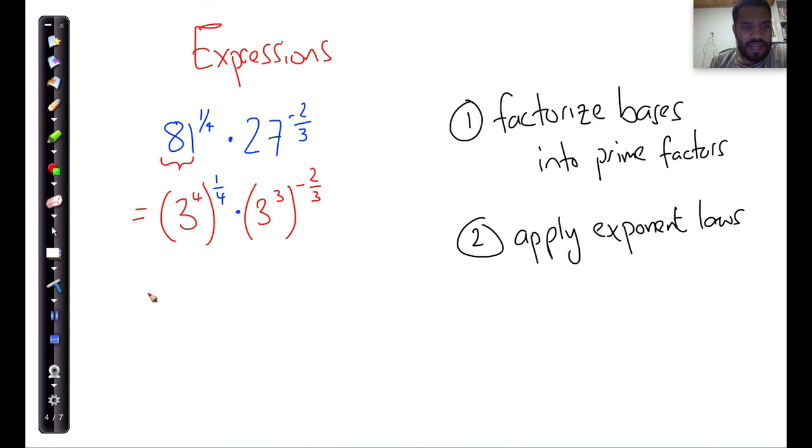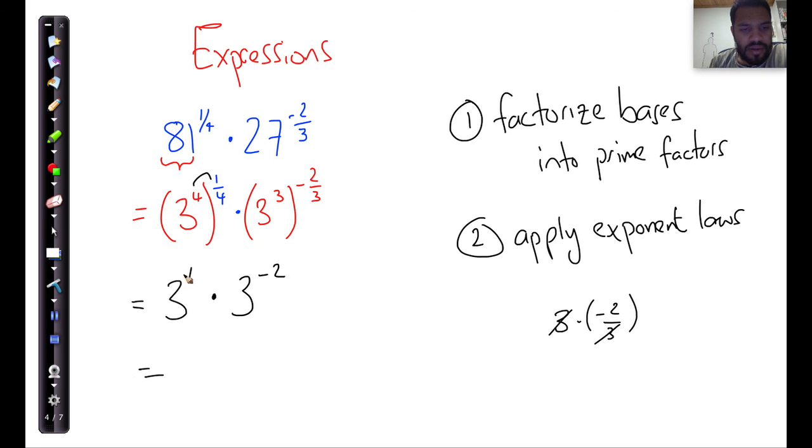The exponent law says that if I have this, I need to multiply it by the outside exponent. I need to multiply these two together. That gives me 3 to the power of 1, because 4 times a quarter is 1, multiplied by 3 to the power of 3 times negative 2 over 3, and the 3s cancel out, so I end up with negative 2.